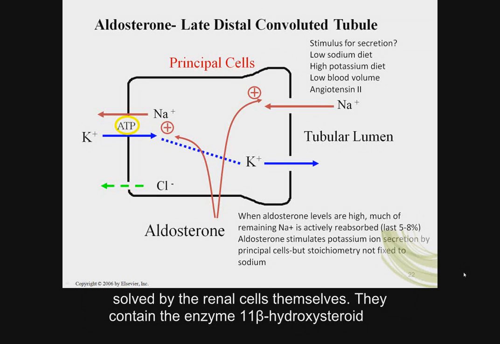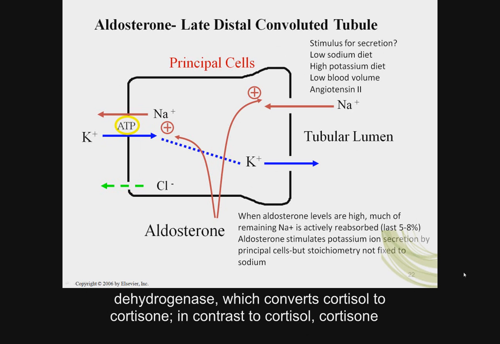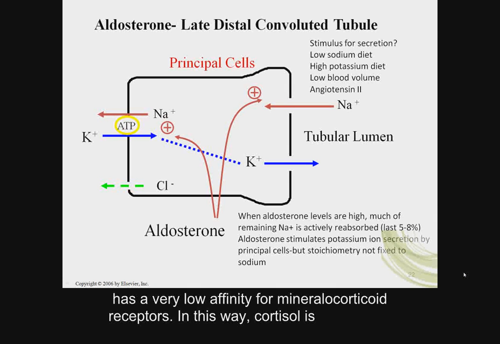The problem is solved by the renal cells themselves. They contain an enzyme called 11-beta-hydroxysteroid dehydrogenase, which converts cortisol to cortisone. In contrast to cortisol, cortisone has a very low affinity for mineralocorticoid receptors.